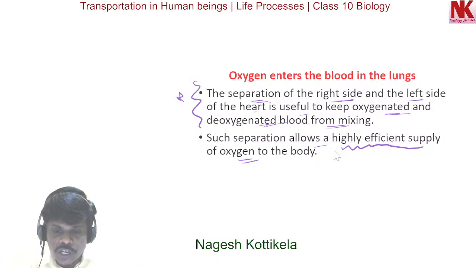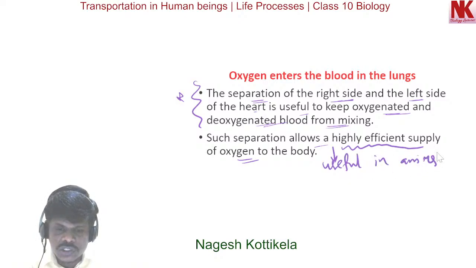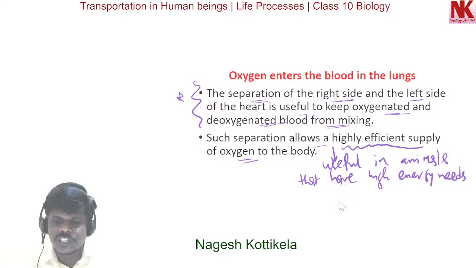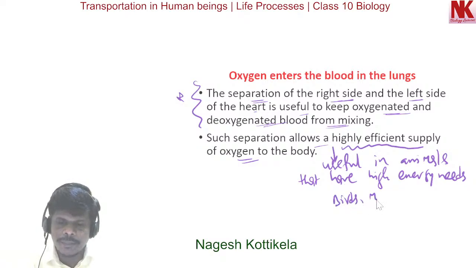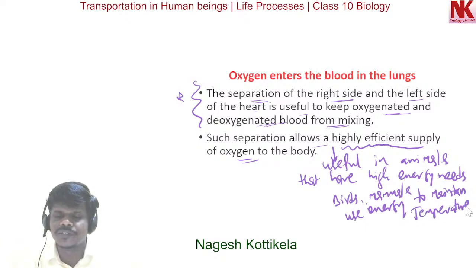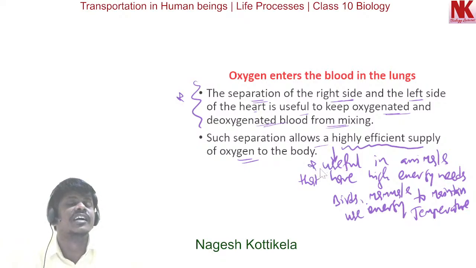This is useful in animals that have high energy needs, such as birds and mammals, which constantly use energy to maintain their body temperature. So this is one of the very important mechanisms.